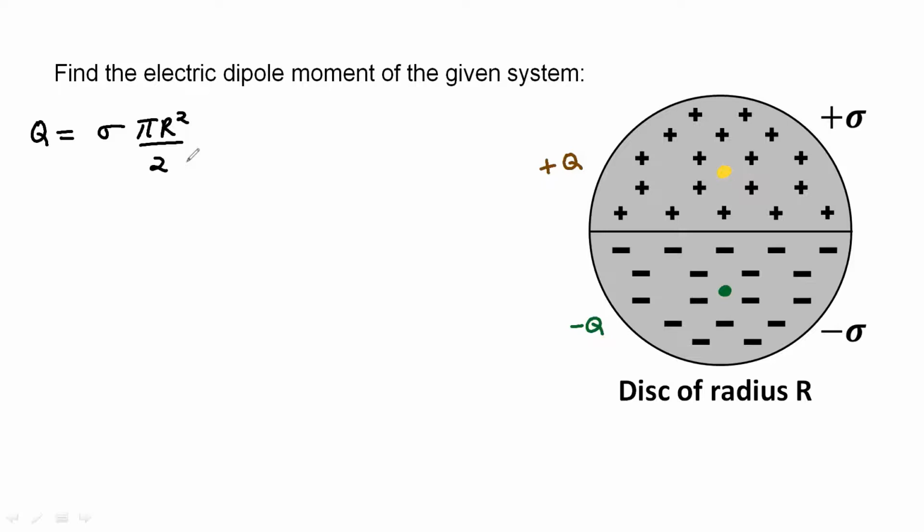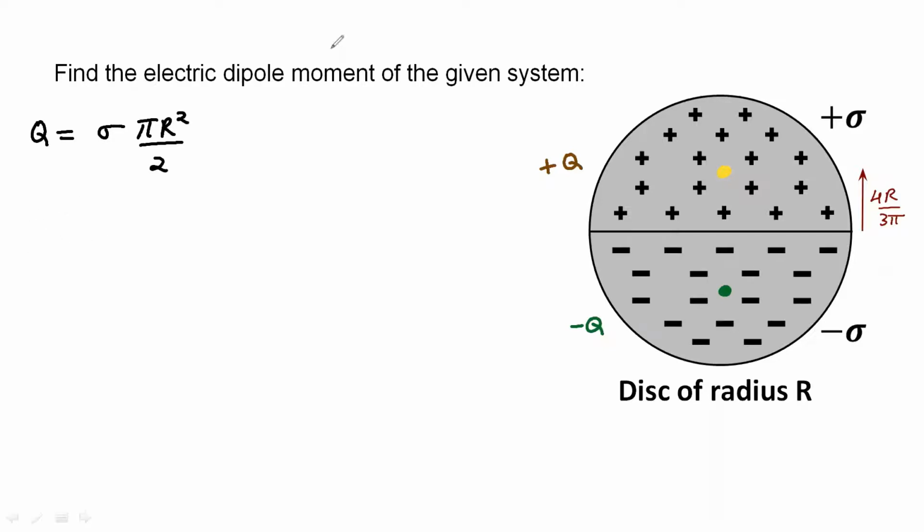Now, you know that for a semicircular disk, the position of the center of charge, or if you usually remember the position of the center of mass, it's the same. That is going to be 4r over 3 pi. All right, 4r over 3 pi. So what is the total distance? The total distance is going to be 2 times 4r by 3 pi.